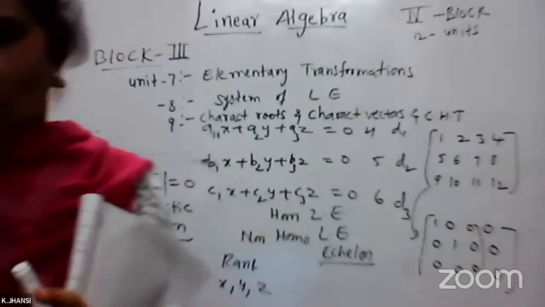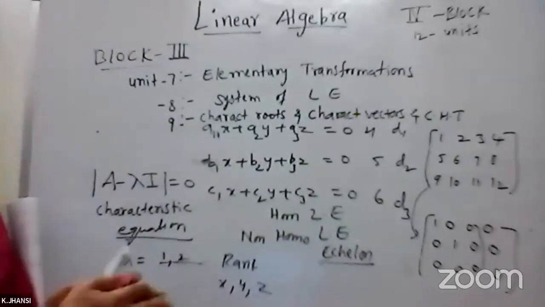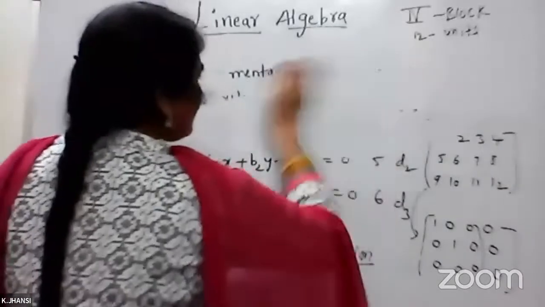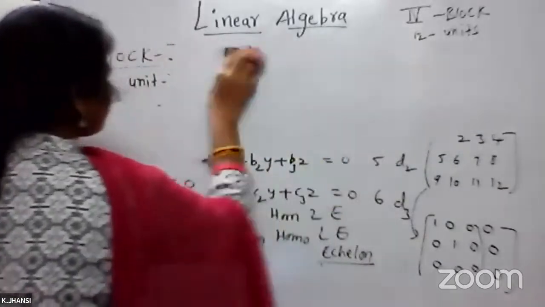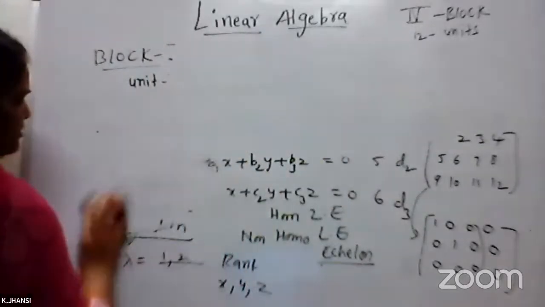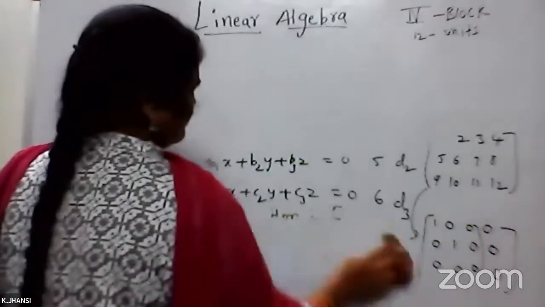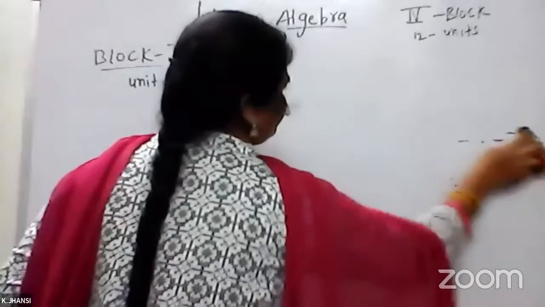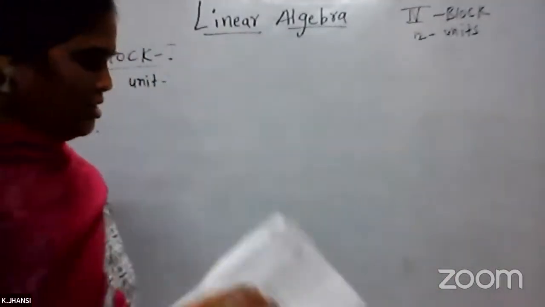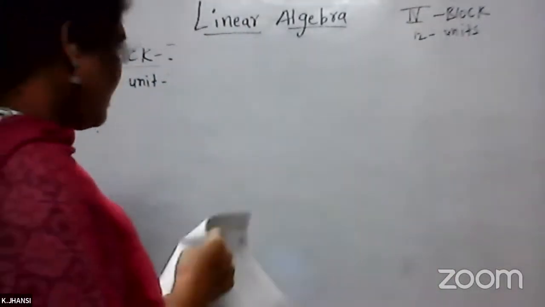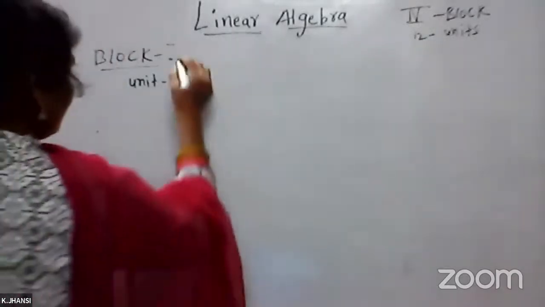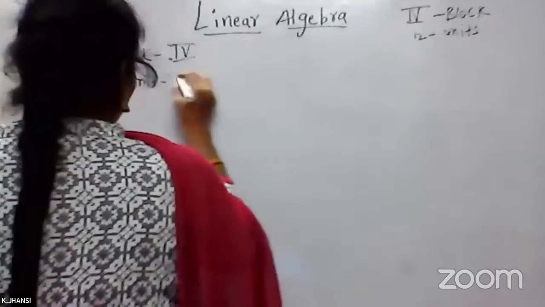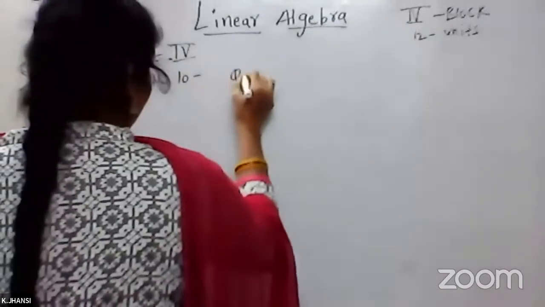So this is about block 3, and the last one we have is block 4. This is about inner product space. It is somewhat different from this one. Quadratic form.